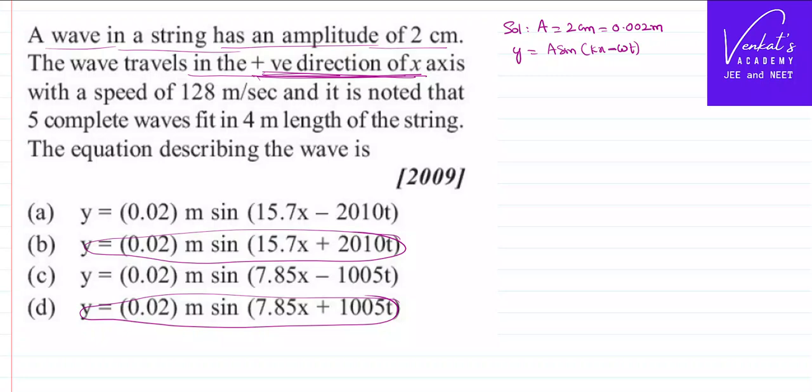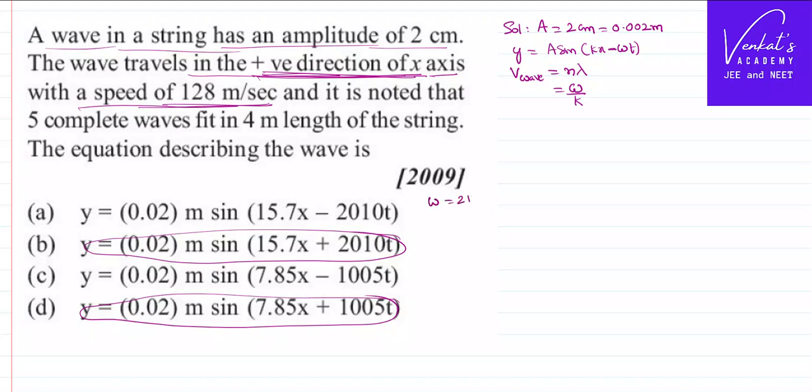Rather, we are going to solve the problem. The wave moves along the positive x-axis with a velocity that is given. Velocity of wave. We know the formula: velocity of the wave equals n lambda, or we can also express it as omega by k. Hope you know where that omega by k comes from.